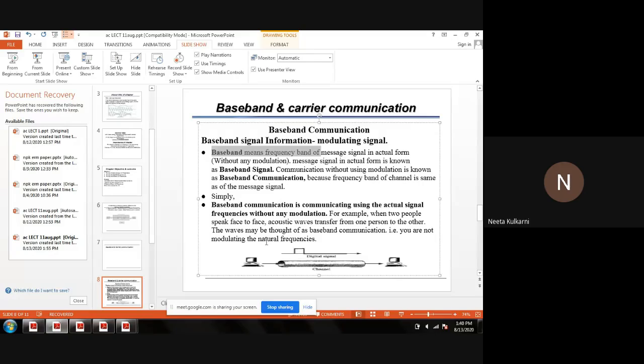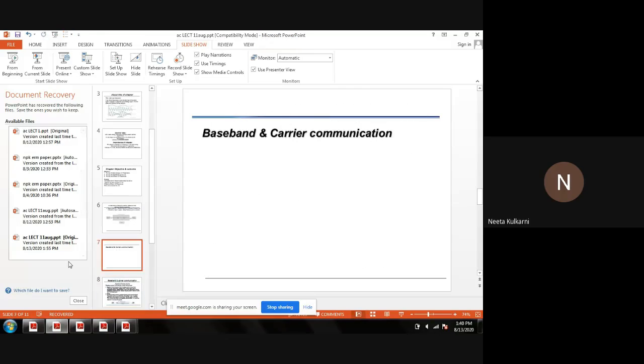So can you tell me some example of baseband communication? Without any modulation, when we transfer the signal as it is, we call it baseband communication. So tell some example of baseband communication. Akanksha Jadhav, are you there?